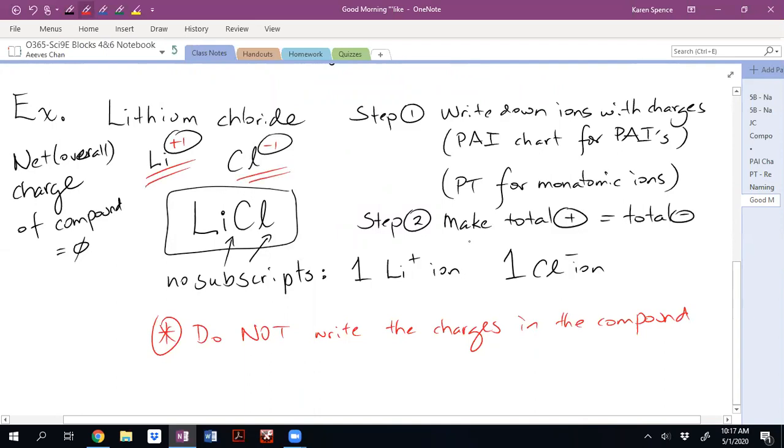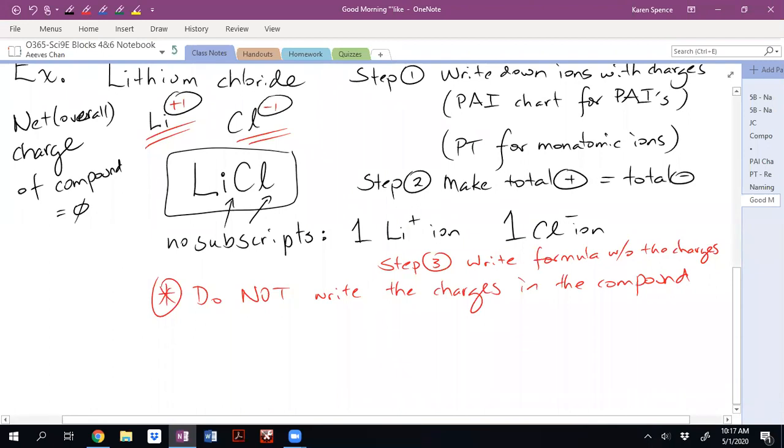Step number 2, make the total positive equal the total negative. And step 3, write the formula without the charges. Okay? So lithium chloride, that was a pretty straightforward example. Let's try something a little more complicated.